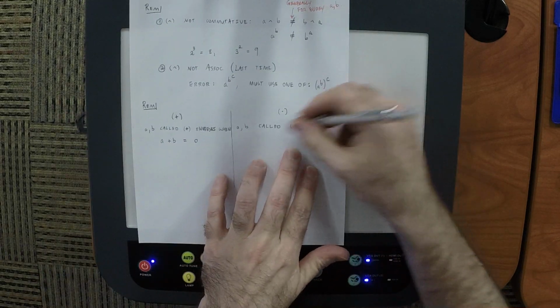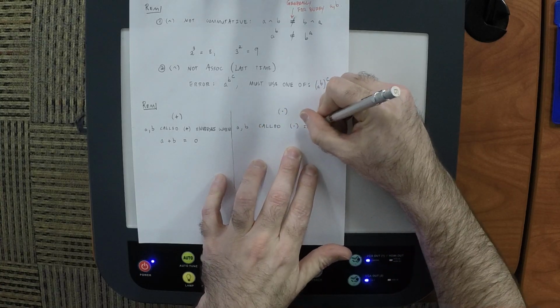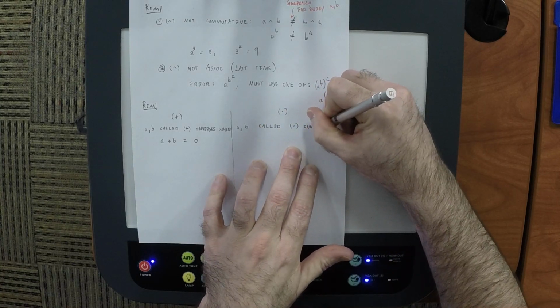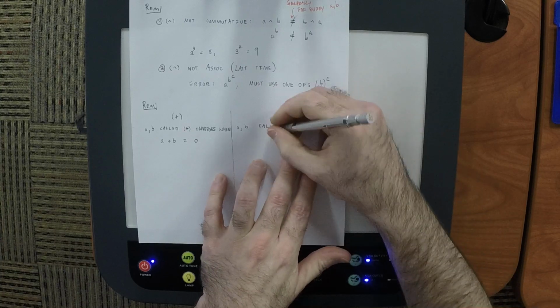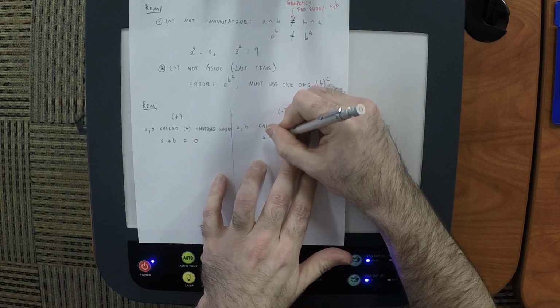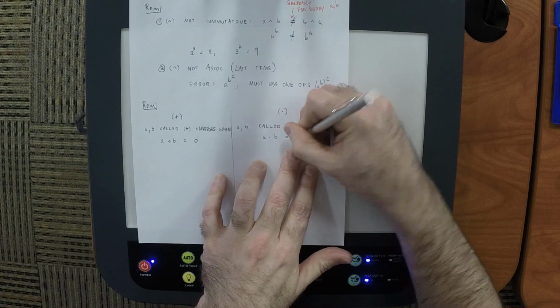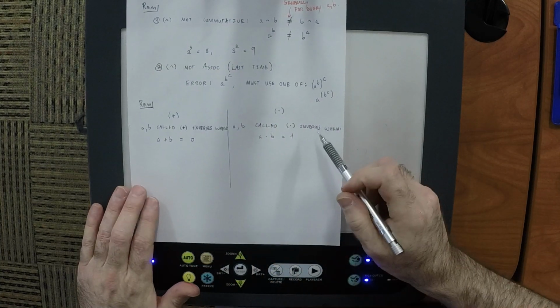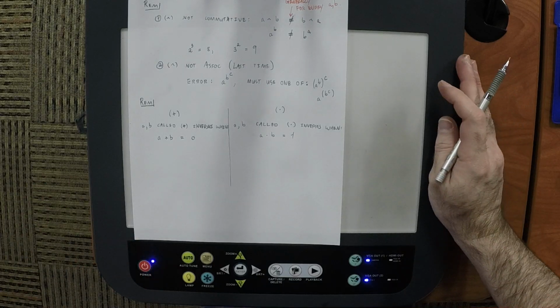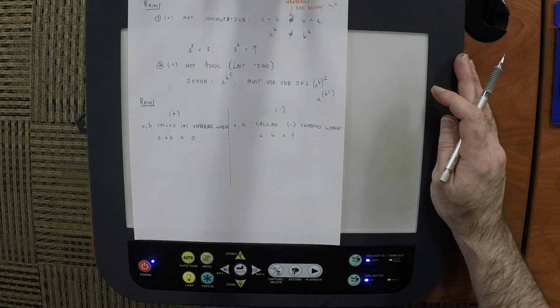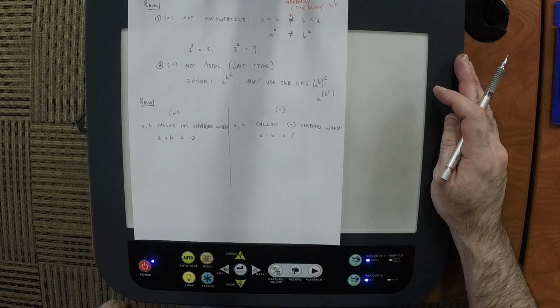And then A and B are called multiplicative inverses when A multiplied by B is 1. And again, to say this in an overly stressed way, A and B are called multiplicative inverses when it is the case that you multiply them and the result is the multiplicative identity.